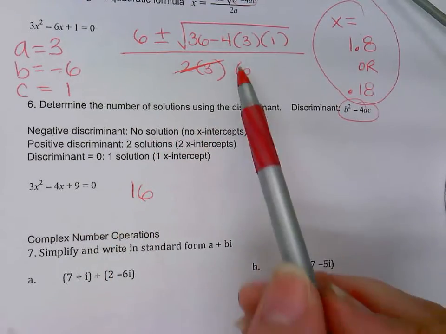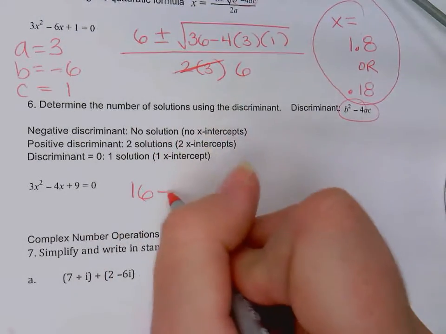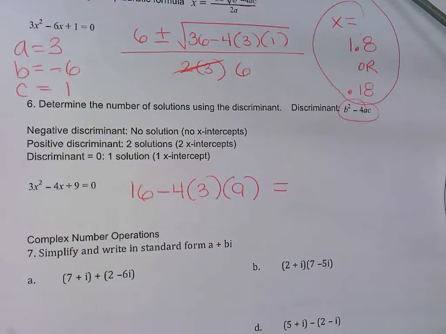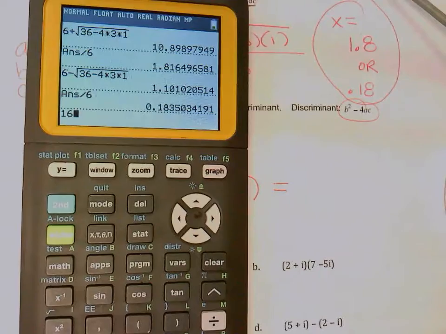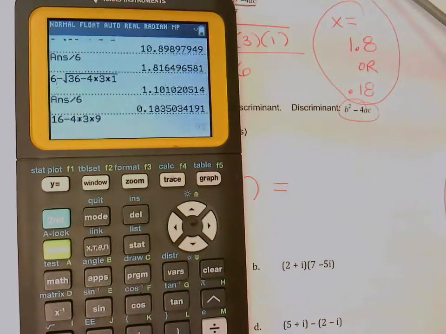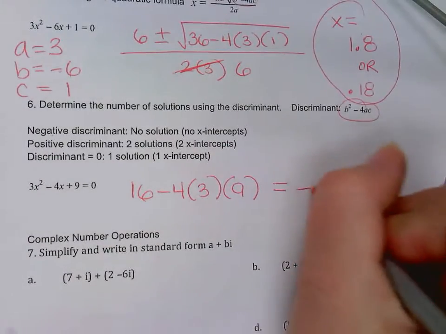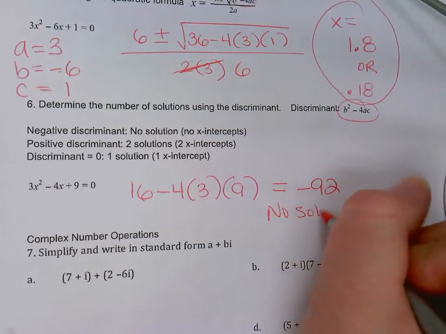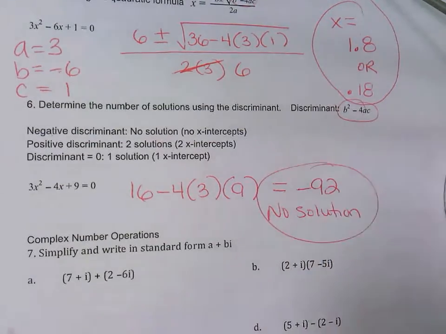So b squared is 16 minus 4 times A times C, and see what I get when I type that into my calculator. 16 minus 4 times 3 times 9 gives me -92. So if I have -92 as my discriminant, I have no solution as my answer.